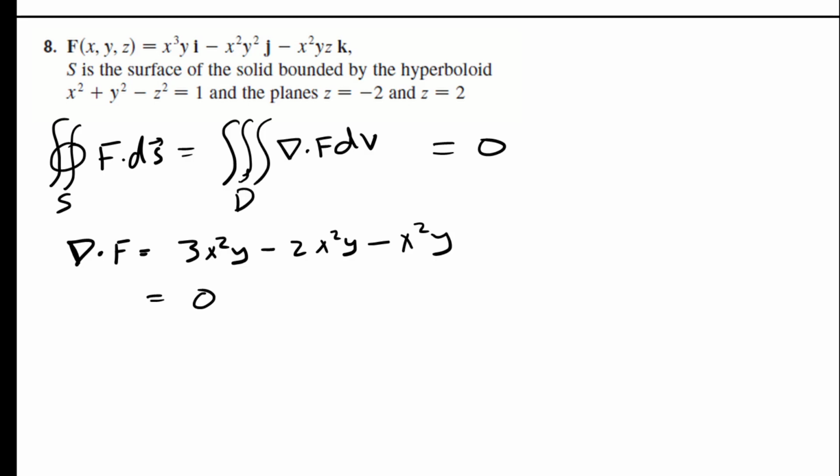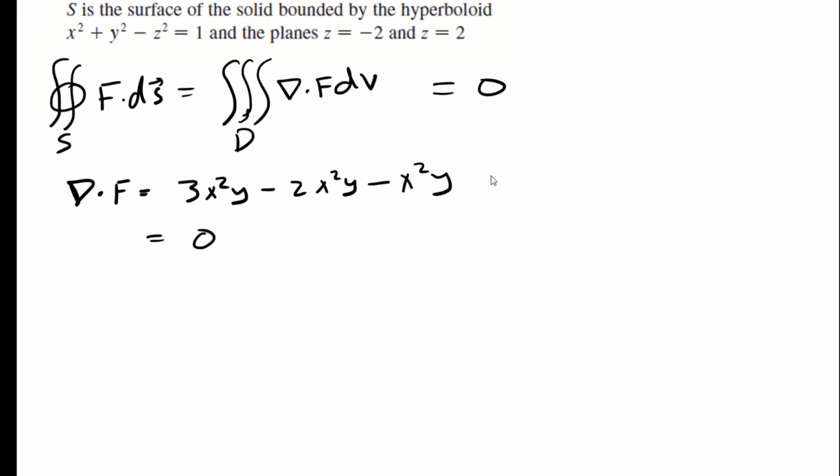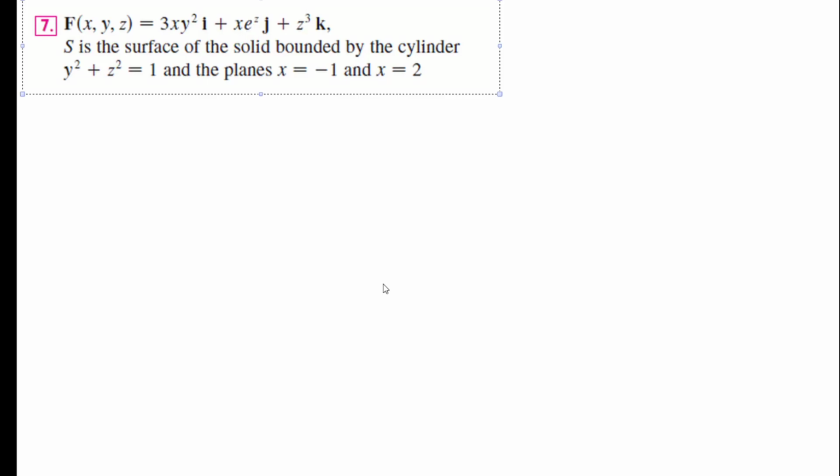Let's see if this one's more interesting. Okay, let's try a different one.